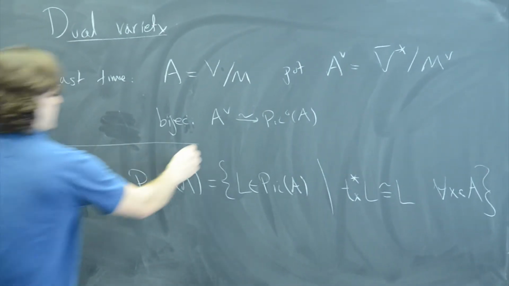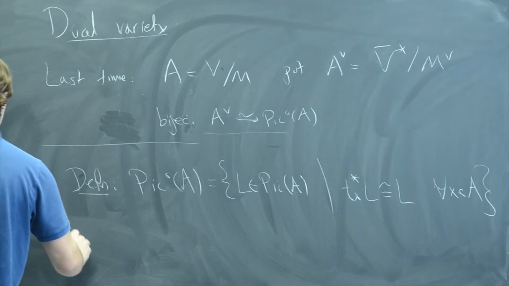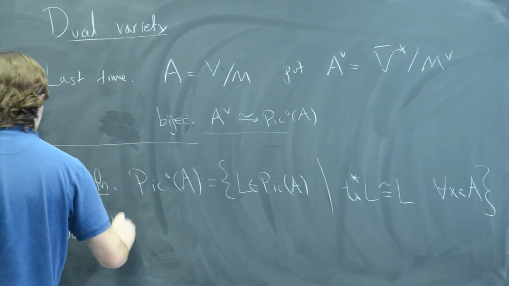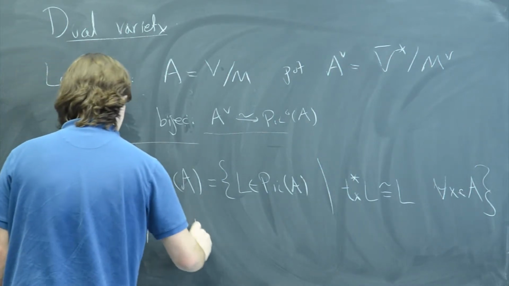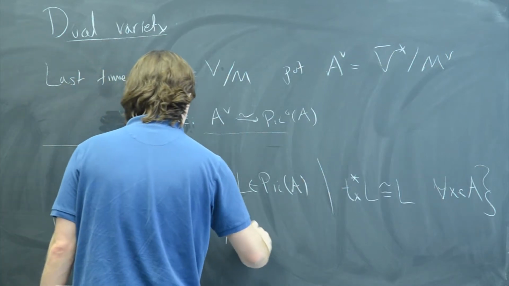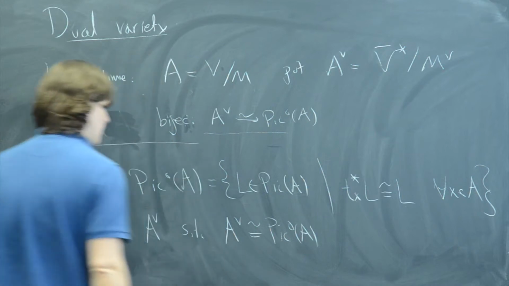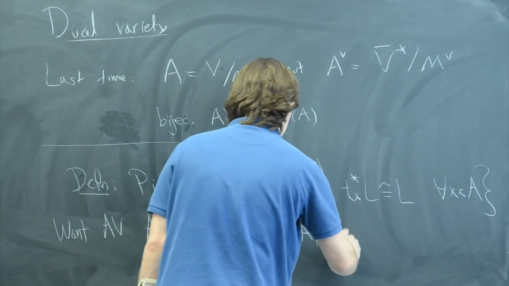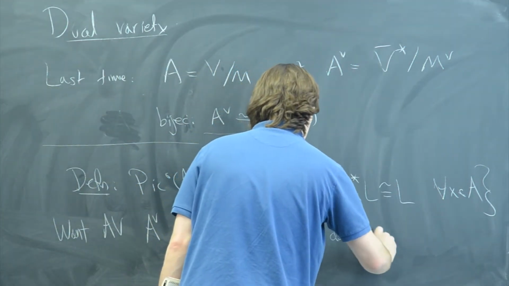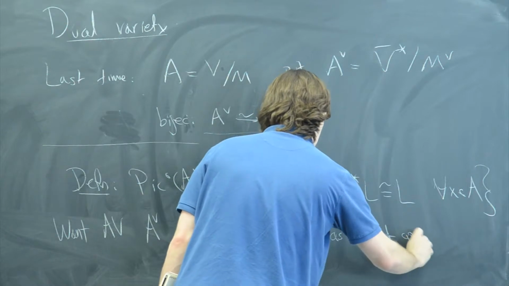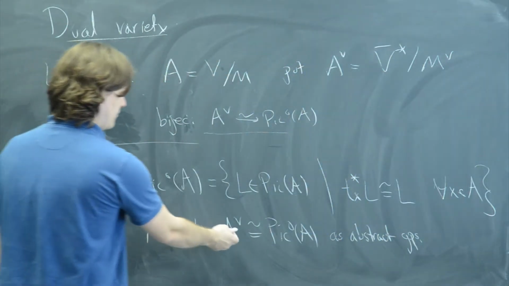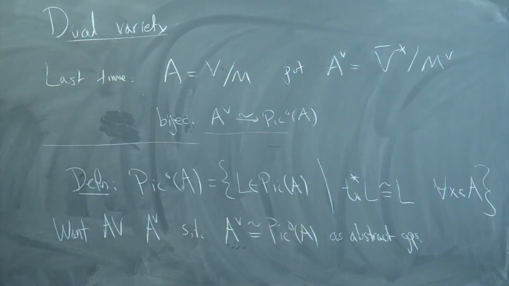And so based on this bijection, we want an abelian variety A dual such that, as groups, you have an isomorphism like this, just maybe as abstract groups. So in other words, we want the point set of the underlying thing here to be Pic not A with the group structure given by tensor product.